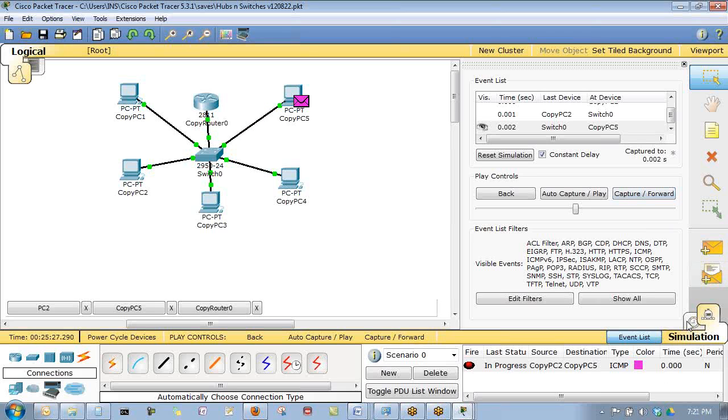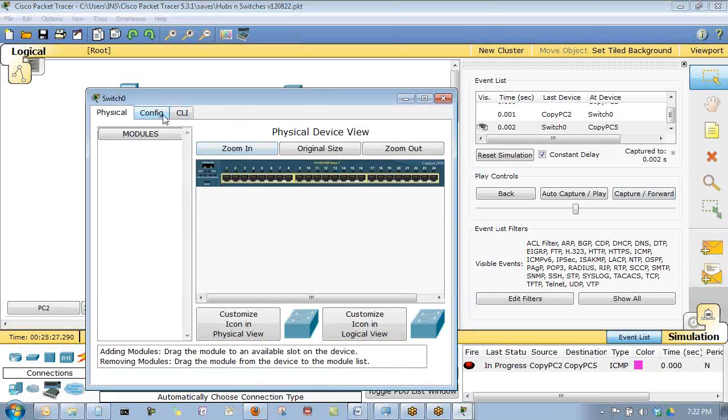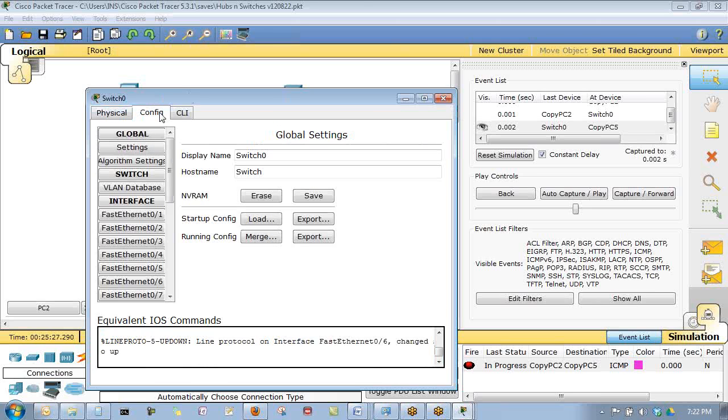Now, what I'm going to do is go into this router, I'm sorry, into the switch.